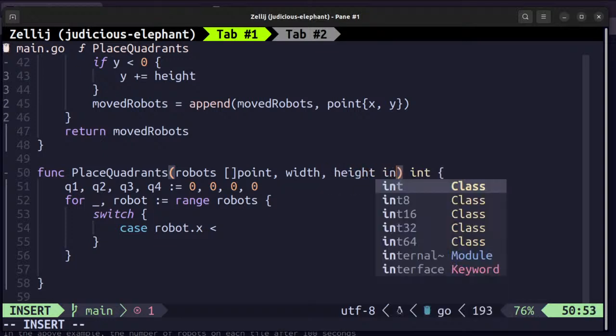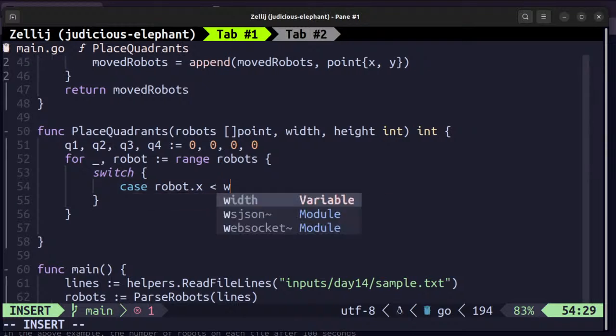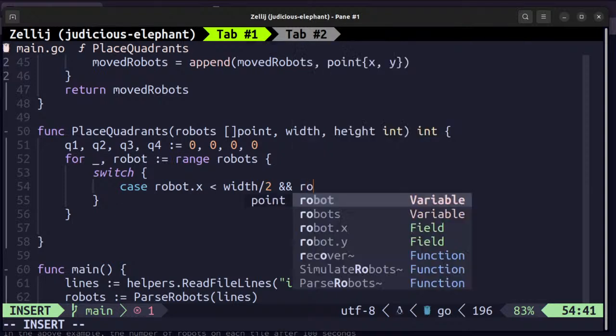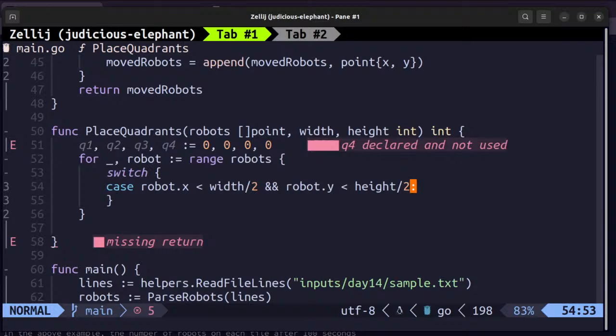So if it is less than the width by 2 and the y coordinate is less than the height by 2, it is within that range, so we need to increment q1.